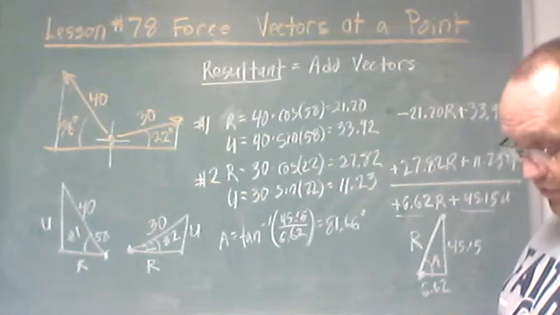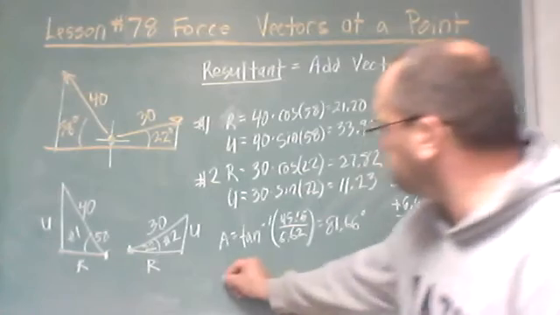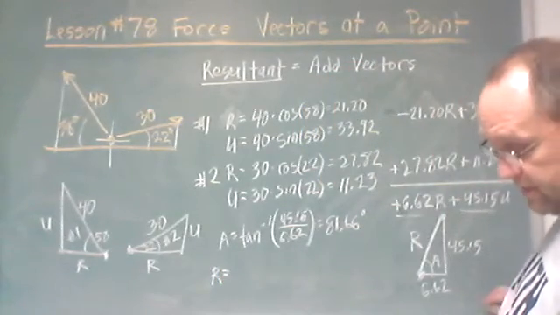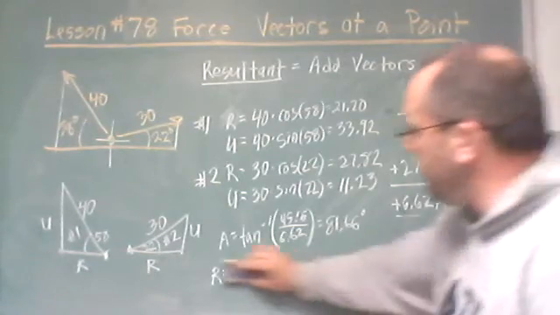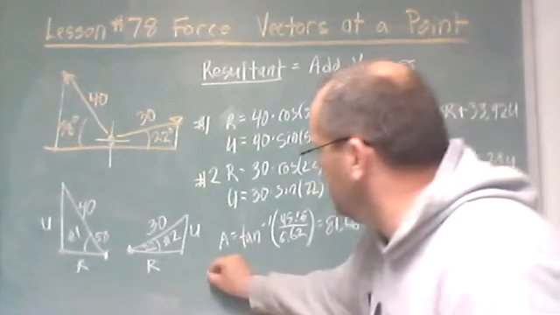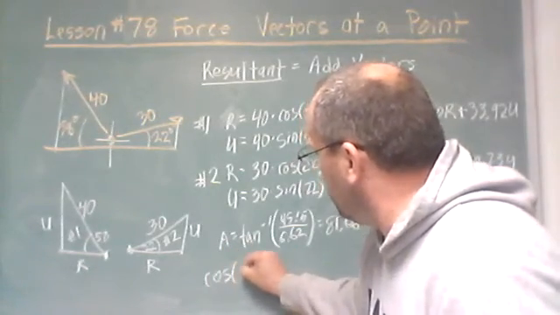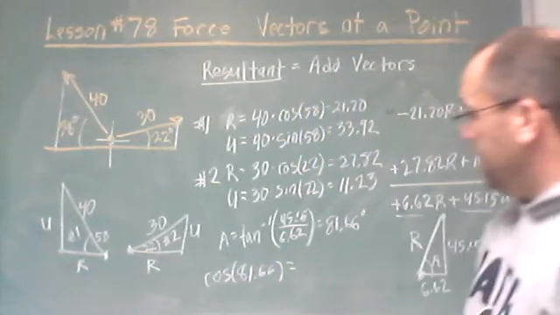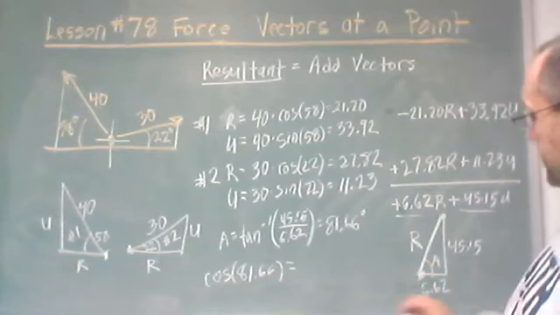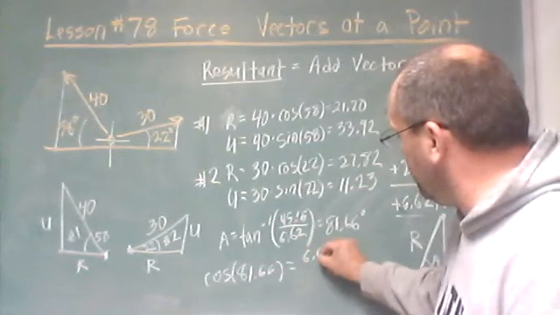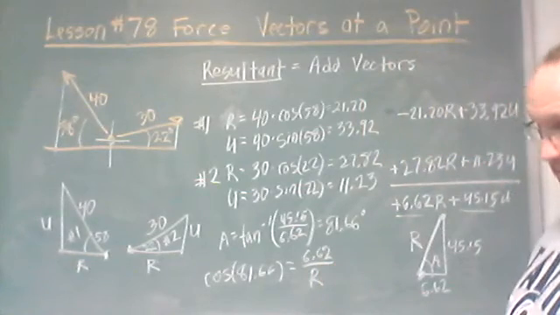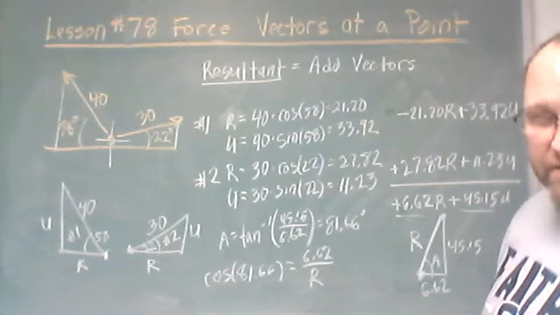Okay, I'm going to use my trig function. The cosine of my reference angle, 81.66, is equal to the side adjacent, 6.62 over R. Okay, and will I have room to fit that in?